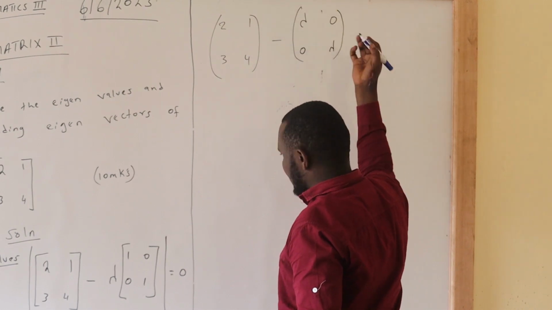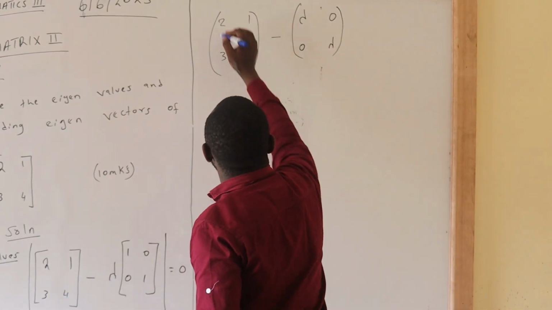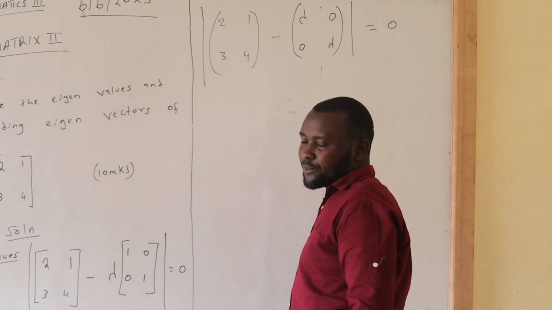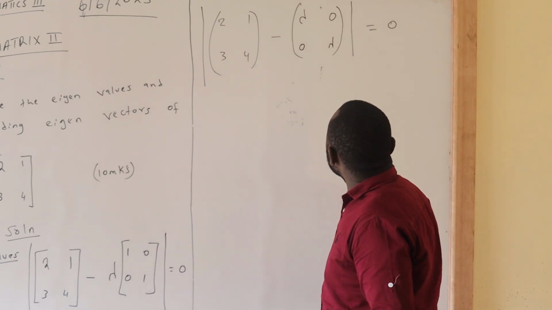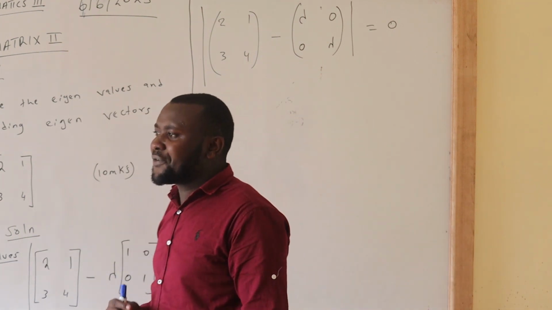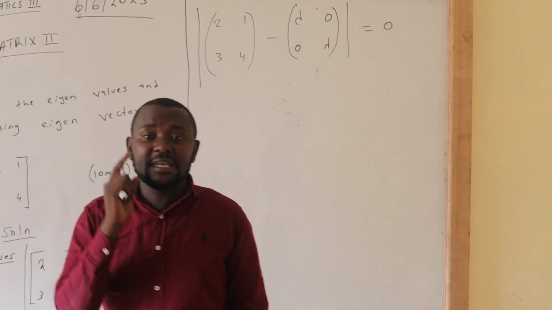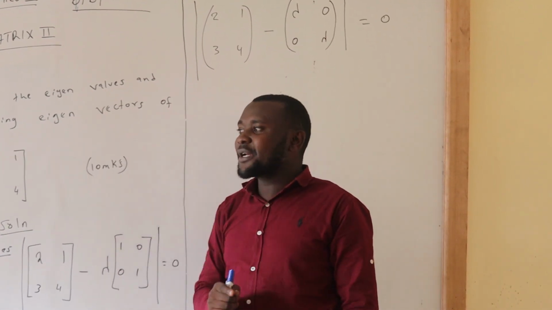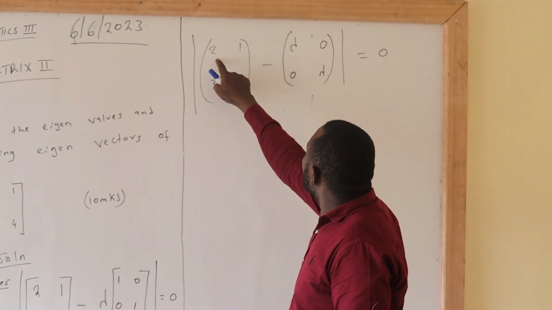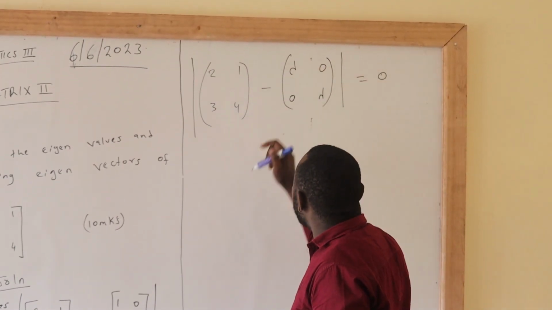Open the brackets. Remember all this, you get their determinant is equal to 0. Good. Now let's subtract this, the same way we subtract matrix in year 1, it is the same way we will subtract matrix in our year 3.